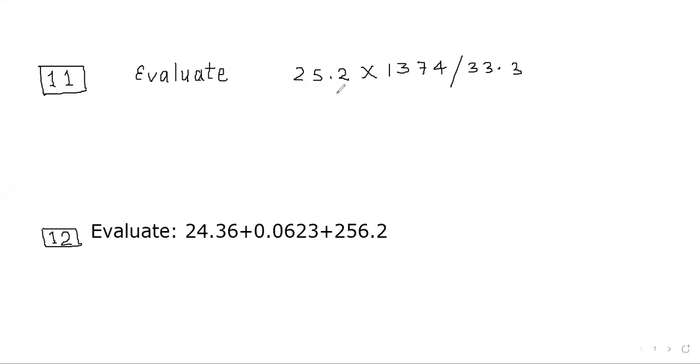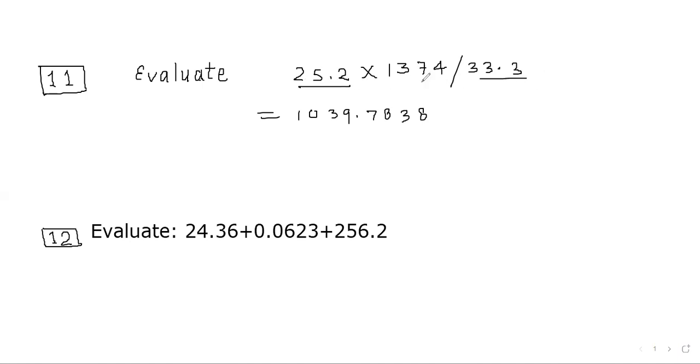Question 11. Evaluate 25.2 into 1374 into 33.3. So if we multiply and then divide by this, we will get 1039.7838. Now we have to check the least number of significant figures.